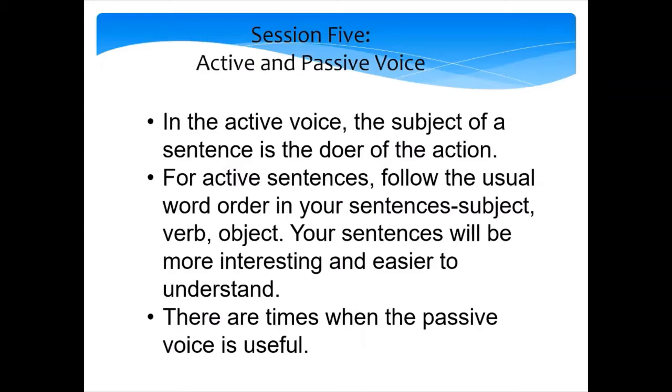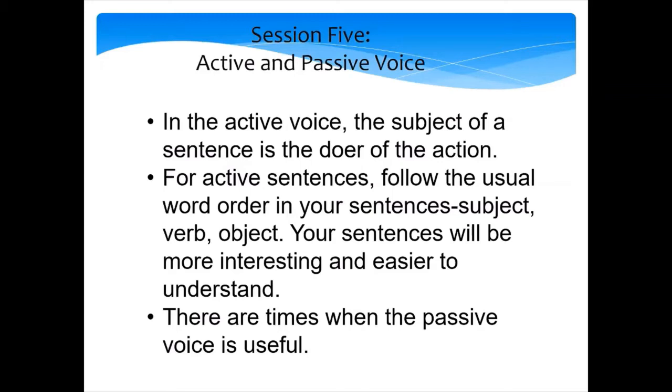So in active voice, the subject of the sentence is the person performing the action. For active sentences, follow the usual word order in your sentences: subject, verb, object. Your sentences will be more interesting and easier to understand. That means if you are using active voice, always use the usual word order. Word order means the way words are ordered in a sentence. Usually we use the subject, verb, object, SVO.